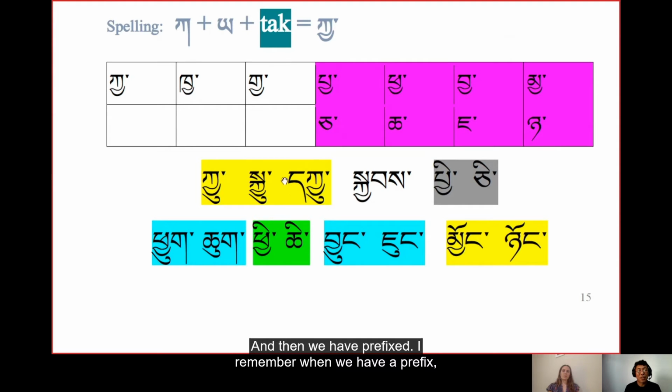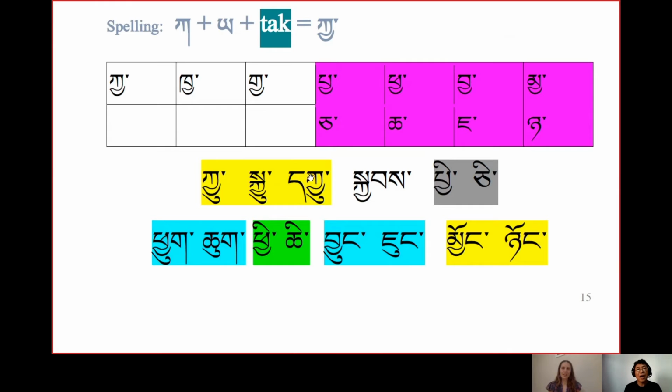And then we have prefix tha. Remember when we have prefix, we have only 5 prefixes: ka, tha, pa, ma, a. These 5 prefixes. When we spell out, we always read them together with o. So since this is prefix ta, we read tao, ka, ya, ta, ya, shabju, ju.